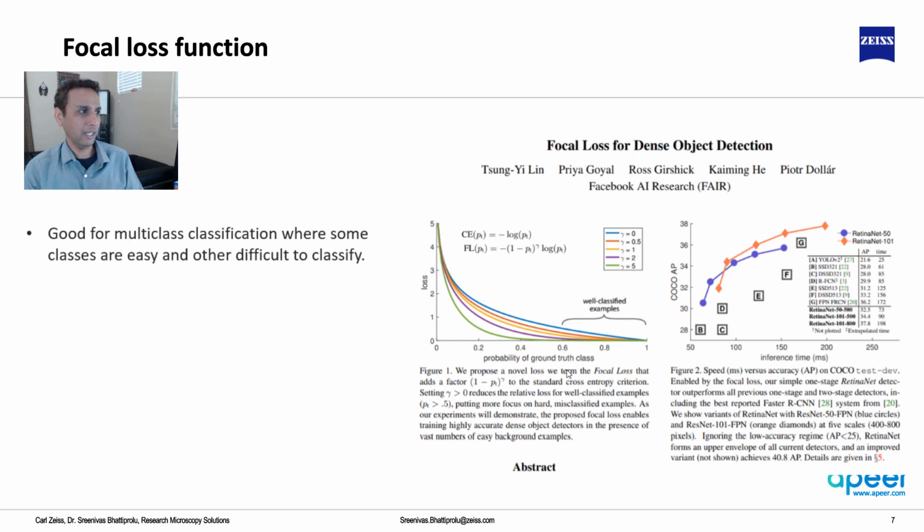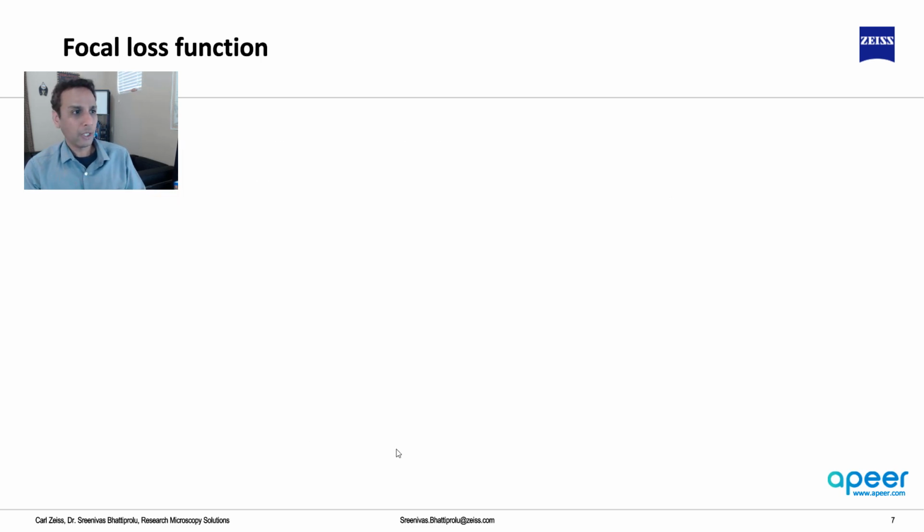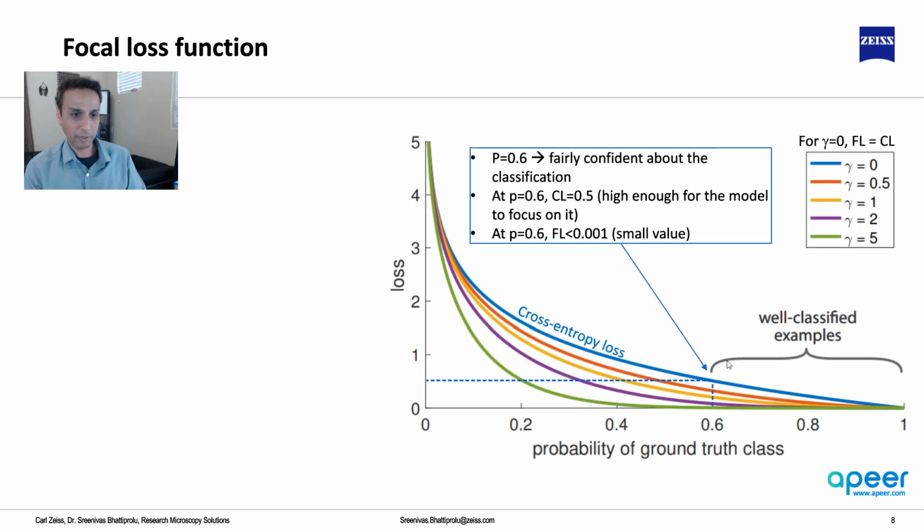Why am I saying that high? If I go back to my cheat sheet here, anything 0.5 is kind of bad. It's not good. It's bad, right? So if you look at this cross entropy right there, 0.5 is bad. So the algorithm is trying to still minimize this loss and puts emphasis on this, even though we know it's easy to classify.